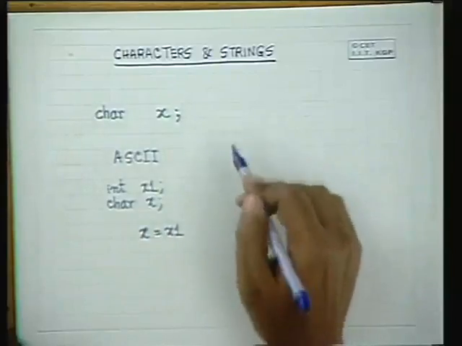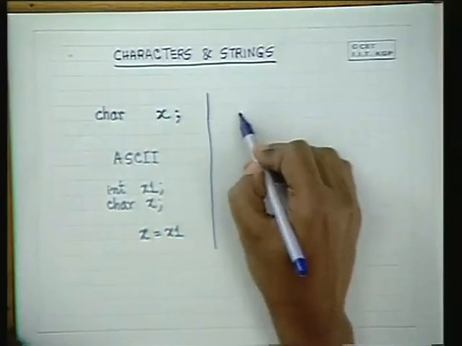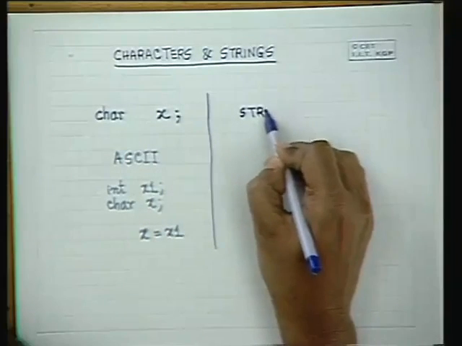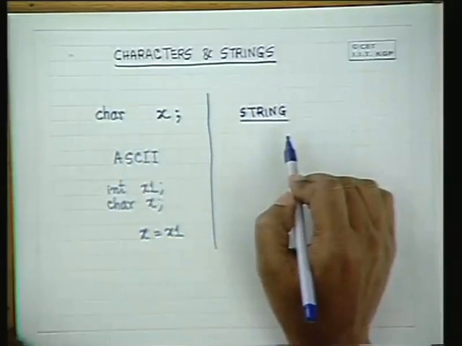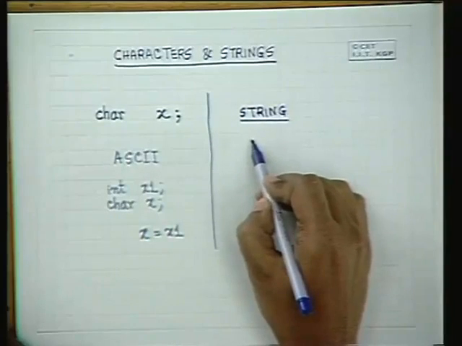After we see characters, the next thing that we will see is a string. A string is an array of characters, and you can declare it as an array of characters.